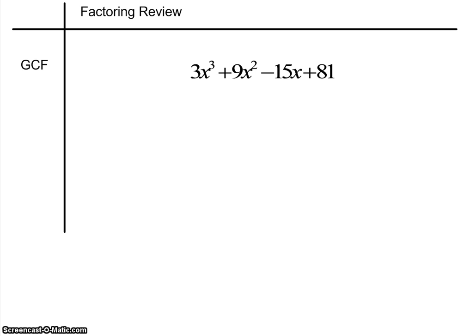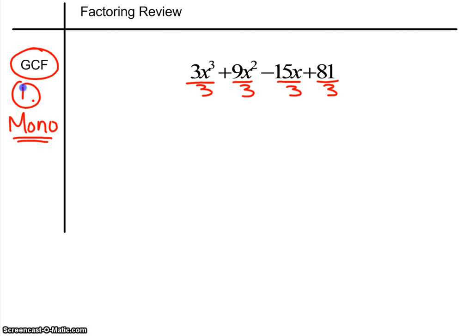So number one, what we're actually looking for is a common monomial that we can factor out, or as a lot of times we've talked about, a greatest common factor. So what we look at in our polynomial is what's the biggest number piece that I can divide out of every one of these. And so we see that, hey, I can take a 3 out of all of these. The second thing we look at is, do I have common variables?